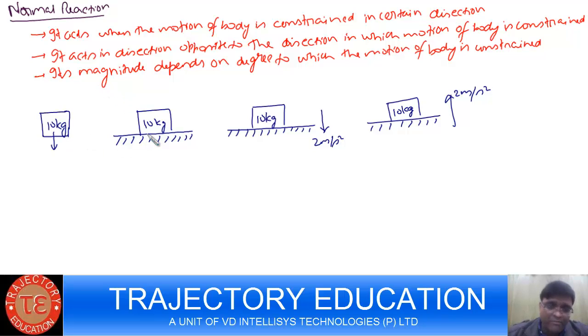This is a freely falling body. This is a body kept on a static surface. I can call this a body in a lift which is at rest. This is a body in a lift which is going down with 2 meters per second square. And this is a body in a lift which is going up with an acceleration of 2 meters per second square.